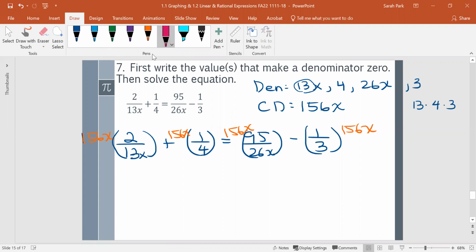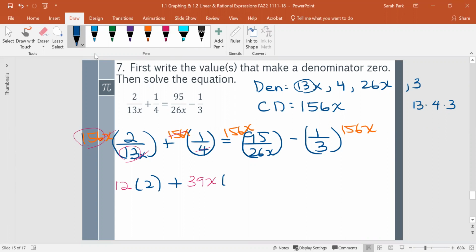What happens here is you cancel the x, and then take a look at the 156 and divide by 13 and write that number outside. So 156 divided by 13, again I'm using my calculator, that's going to give me 12. So we get 12, and then the 2, make sure you bring down the 2, plus, right? So here now, 156, if we divide that by 4, let's see what we get. We're going to get 39, and keep that 39x, because we haven't canceled the x this time.